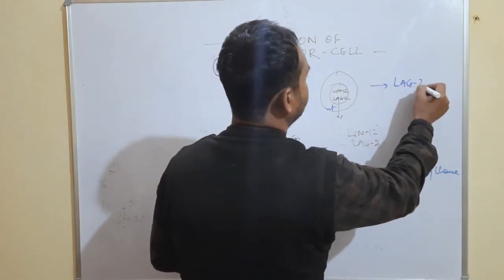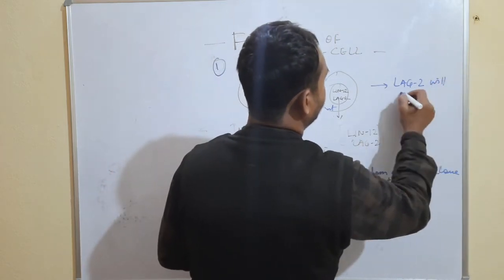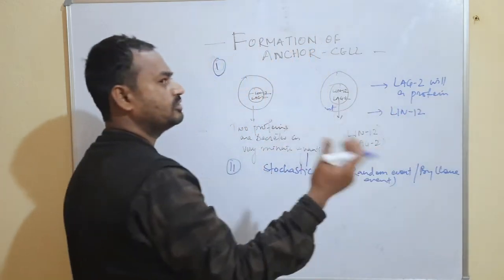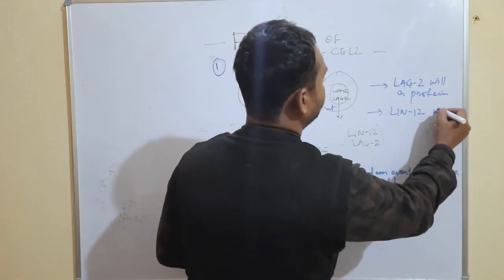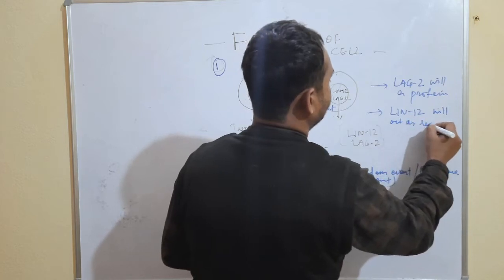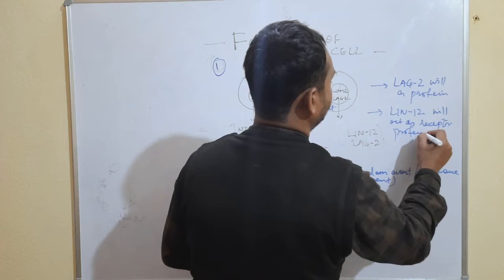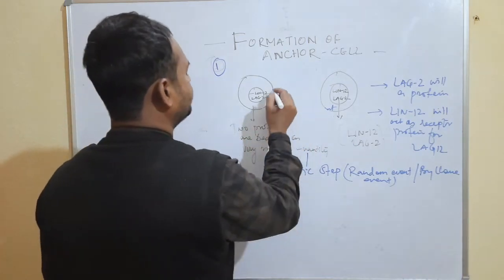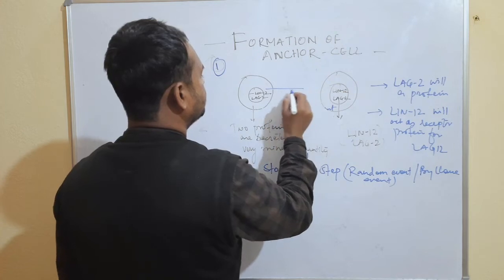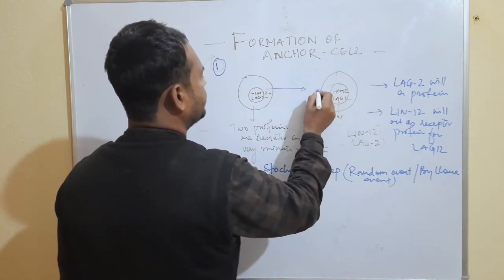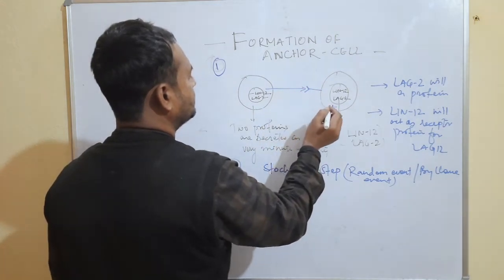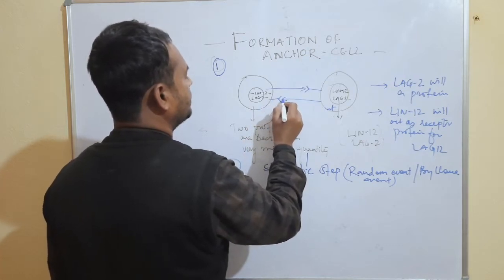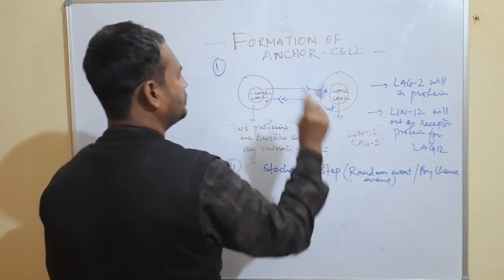The lag-2 protein will be a ligand, and the lin-12 protein, which is being secreted by both of the cells right now, will act as the receptor protein for lag-2.